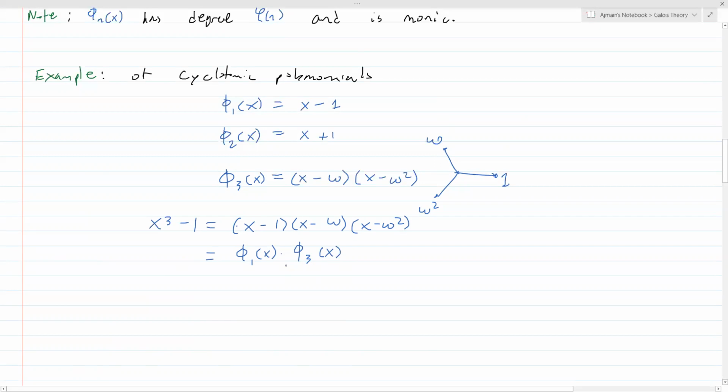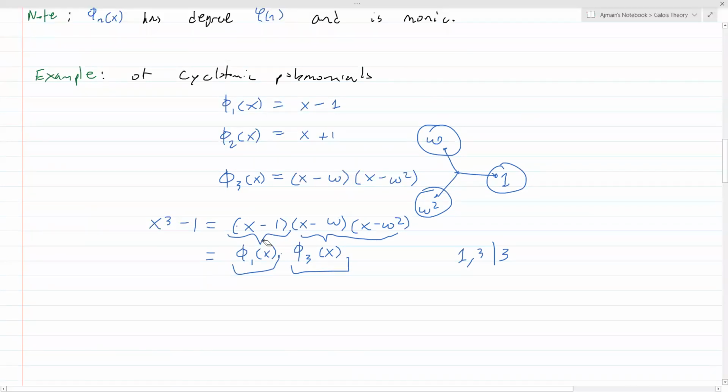You're looking at all of the divisors of 3. The divisors of 3 are 1 and 3. And so the third roots of unity consist of the primitive first roots of unity and the primitive third roots of unity. There's exactly one primitive first root of unity, and exactly two primitive third roots of unity. So these two factors give you this polynomial, and this single factor gives you this polynomial.